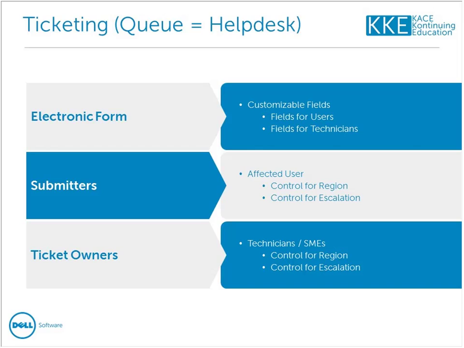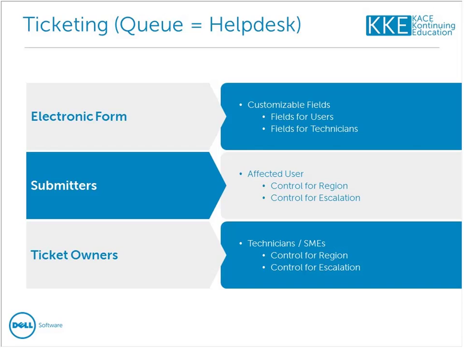So I can completely customize and, most importantly probably, have a different experience for customers as opposed to technicians. Okay? I can have a nice, simple, streamlined form with only a few fields available to the customers, but a much busier form with far more fields and power available to my technicians.